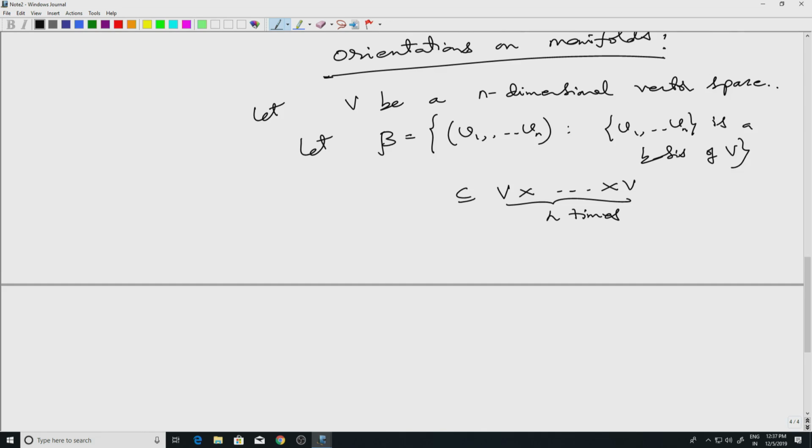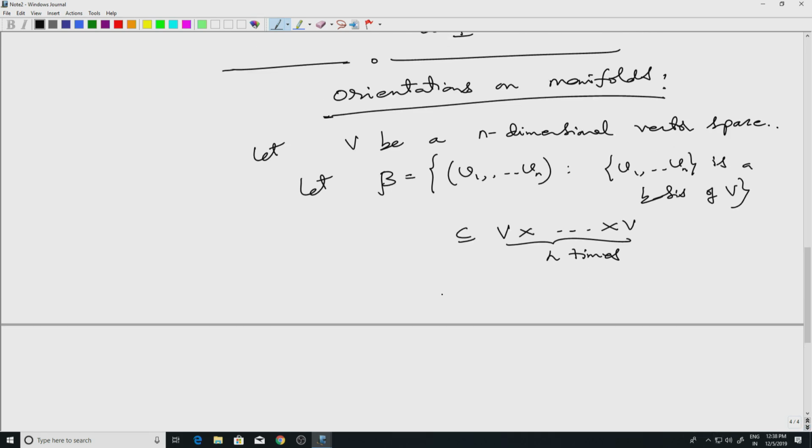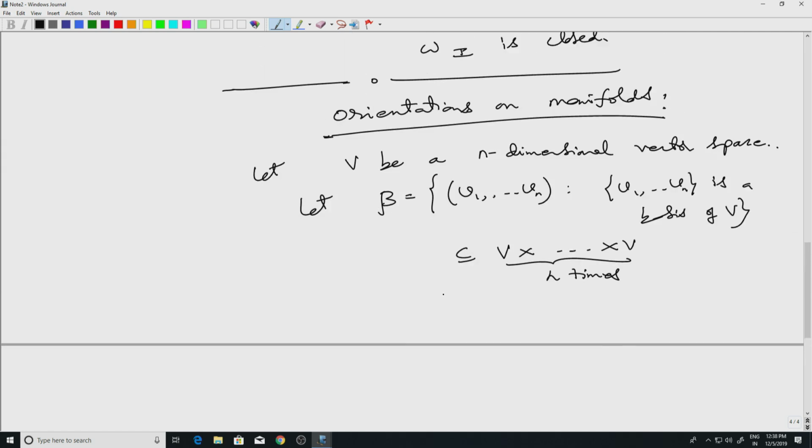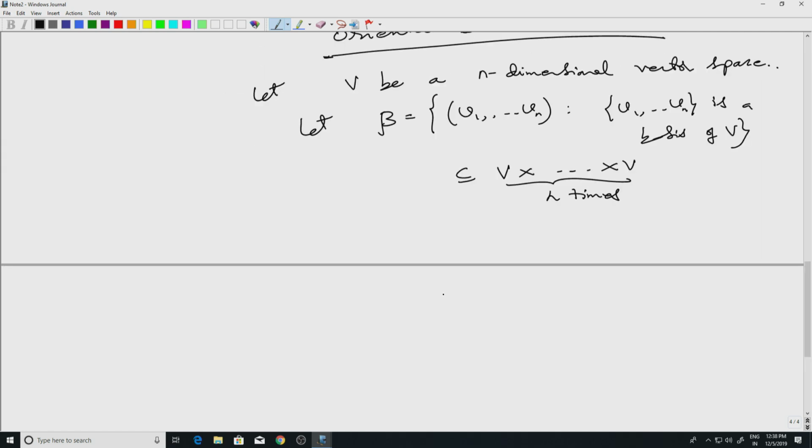Now, in this set of all bases of V, we can ask when two bases give rise to the same notion of orientation. Of course, we don't have a notion of orientation yet, but here's what one would like to do.